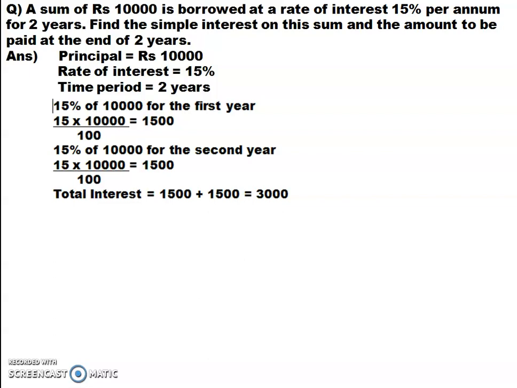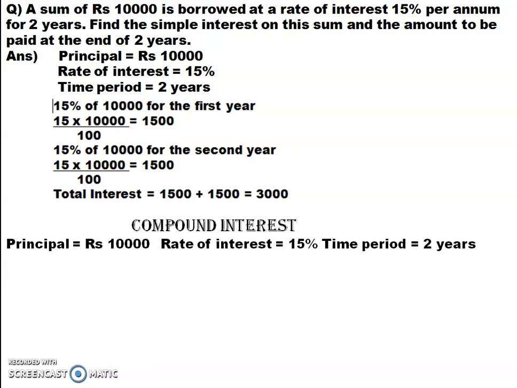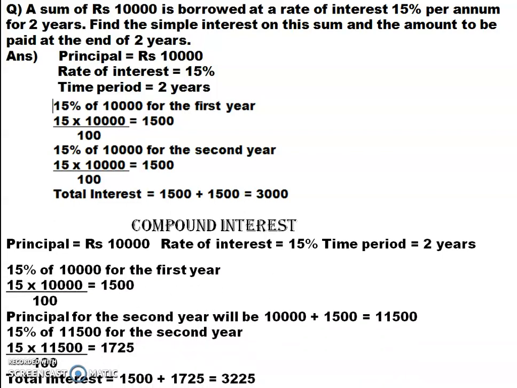Now let us see what is the difference between compound interest and simple interest. Here also we are taking principal as rupees 10,000, rate of interest 15%, time period 2 years. Now let us see the difference.